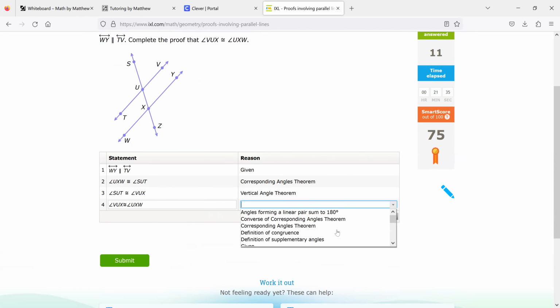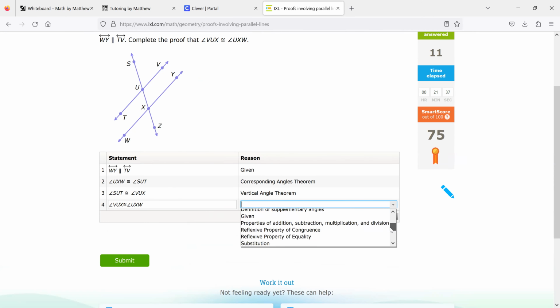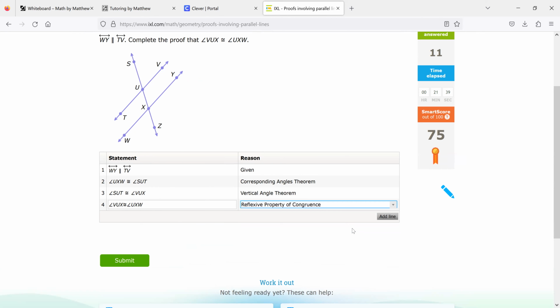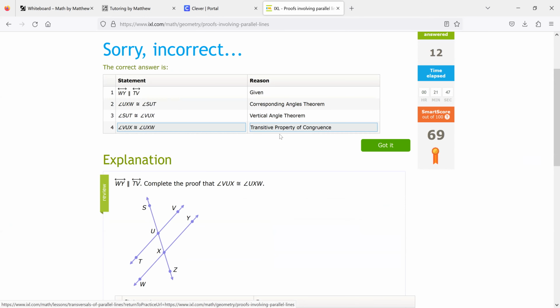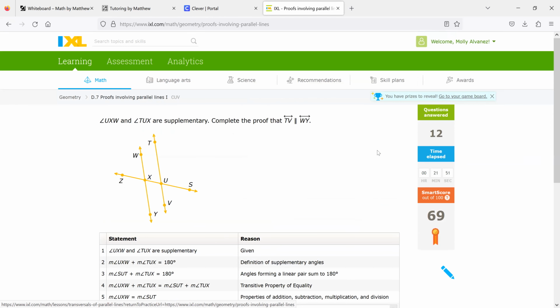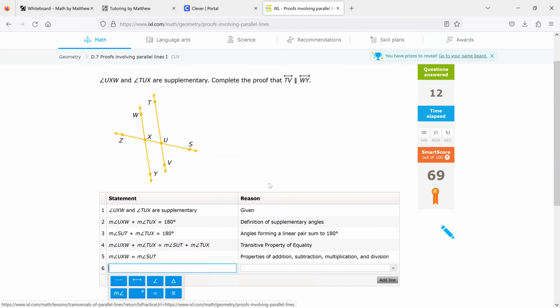And they called it reflexive property of congruence. I still don't know that I believe it, but we'll just go with it. It's the transitive property. That's what I thought it was.